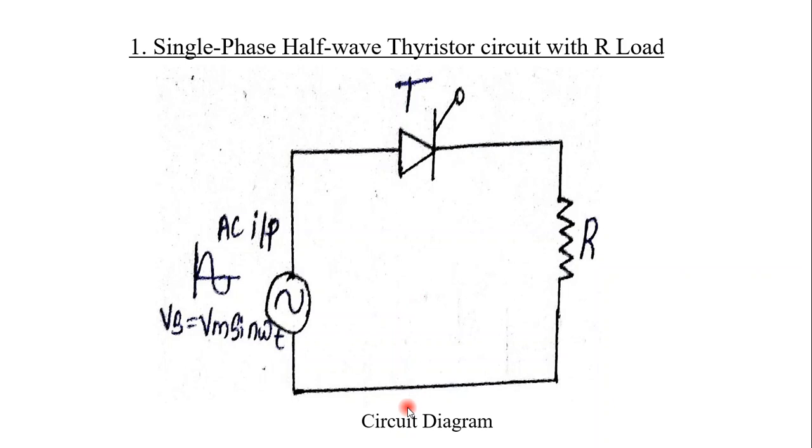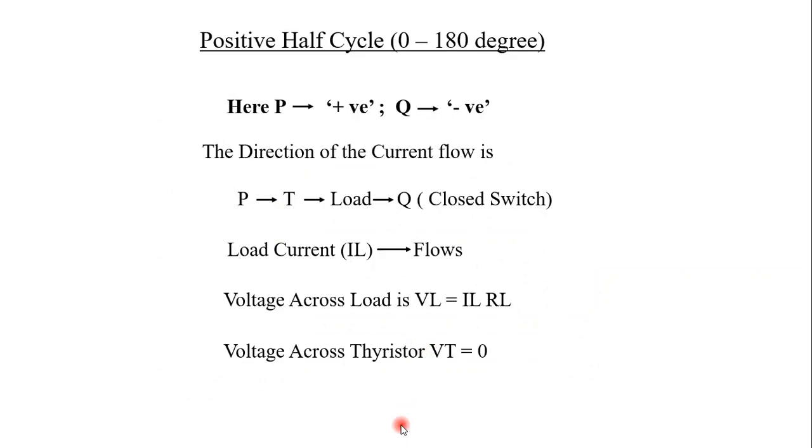Next, we will see the current flow direction of the positive half cycles and negative half cycles. Here the rectifier is given AC input, which has two half cycles, one positive, one negative. Now based on this input we will get the output.